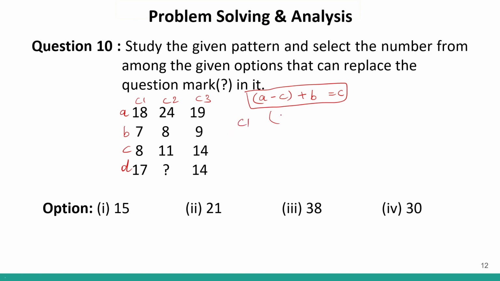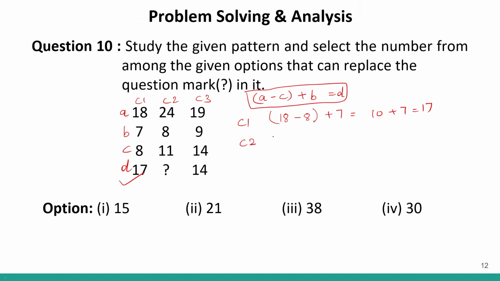Column 1 is 18 minus 8 plus 7. This is 10 plus 7, which gives me 17. So this logic is true for column 1. A minus C plus B will give me my D. Now let us check for column 2.